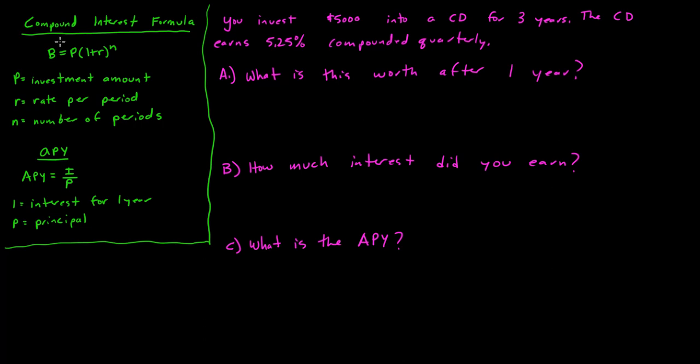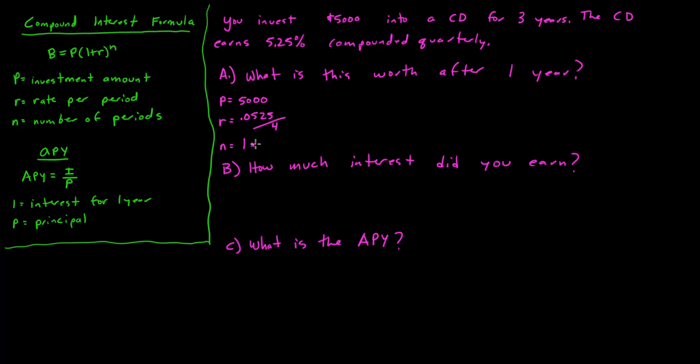So let's start with what is it worth after 1 year. So we're doing our compound interest there. So we need our P, which is the amount of the investment, which is $5,000. We need our R, which is the rate per period. It's 0.0525 divided by the number of periods per year, which is 4. And then my N is the total number of periods.